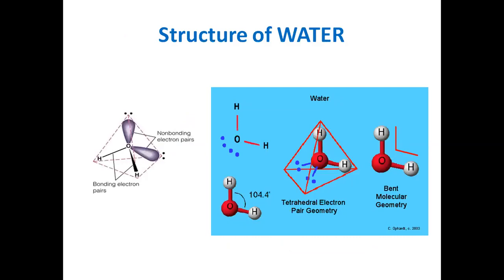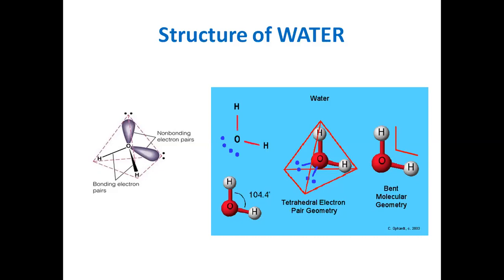in detail. Structure of water. This is the structure of water, which shows there are two non-bonding electron pairs, caused by the two lone pairs of electrons on oxygen, and bonding electron pairs cause another angle of 104.4 degrees because of the two hydrogens.